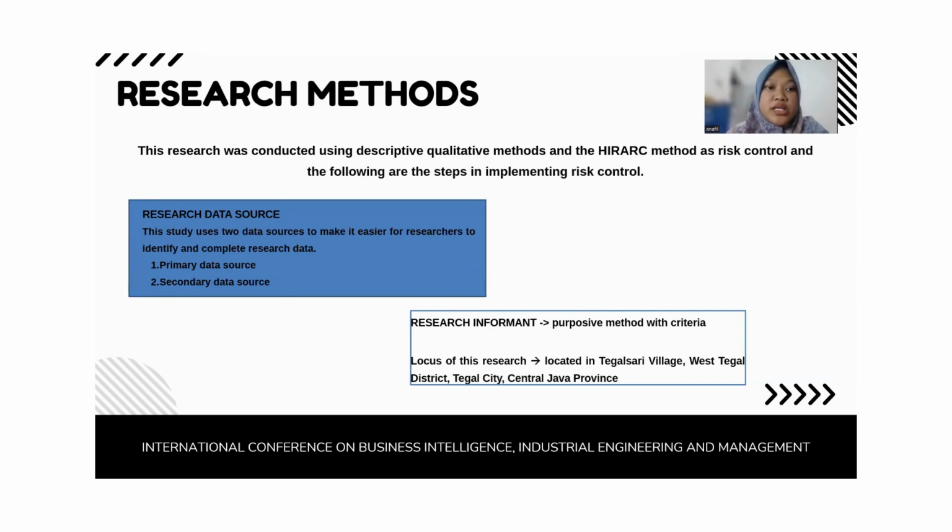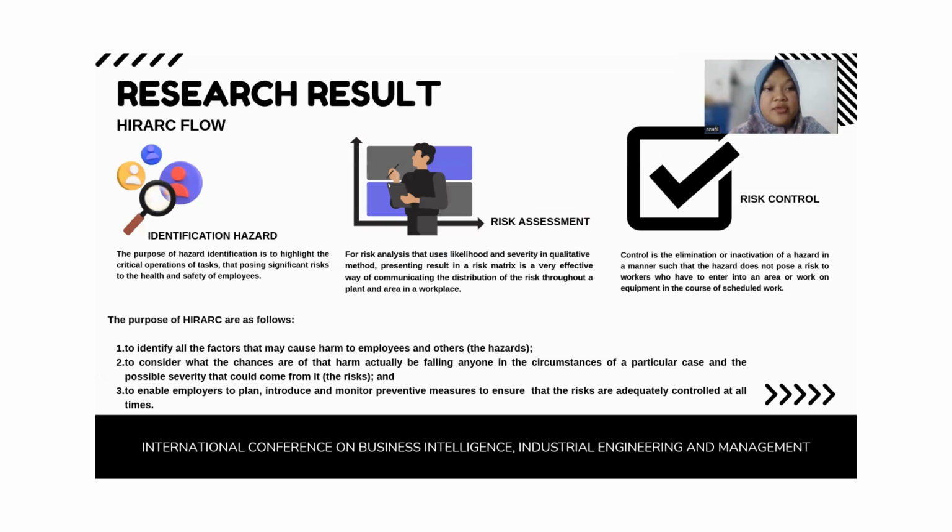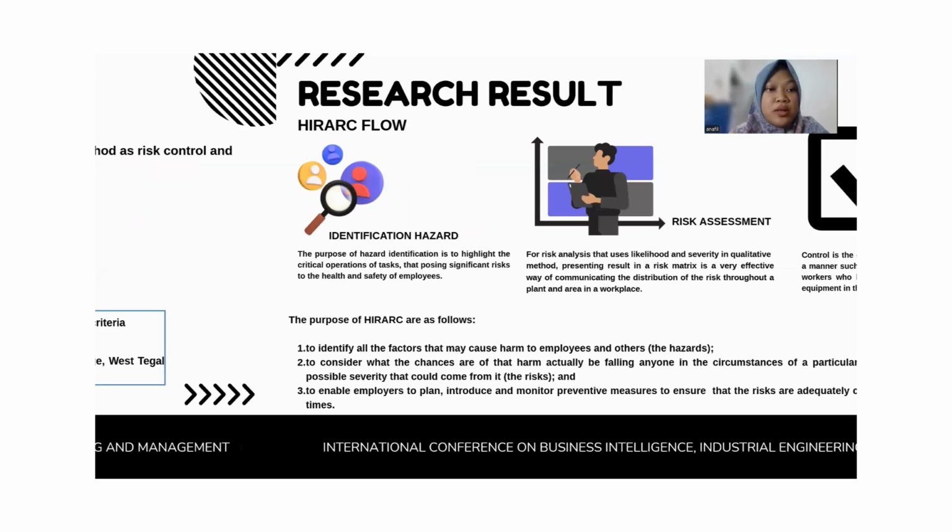Okay, this research was conducted using a descriptive qualitative method and the HIRARC method as risk control, and the following are the steps in implementing risk control. The HIRARC flow: the first one is hazard identification, then risk assessment, and then risk control.